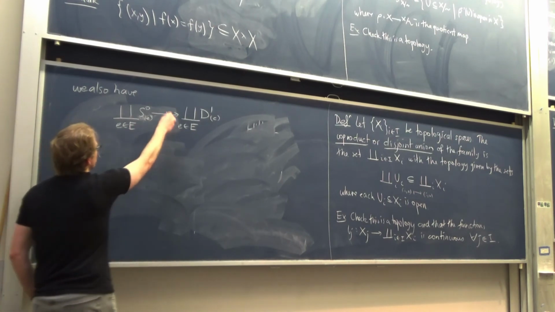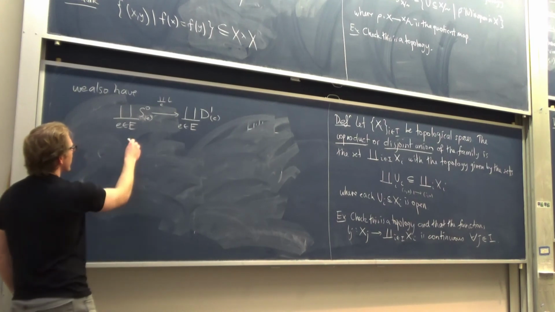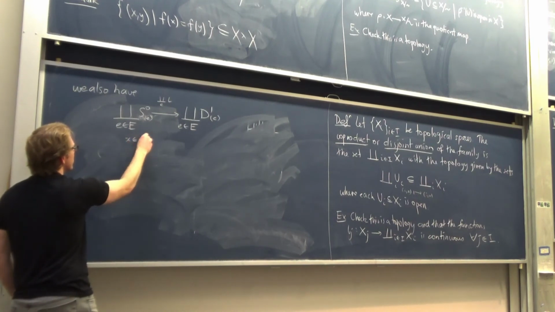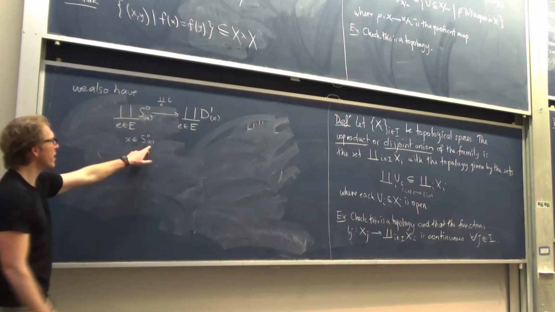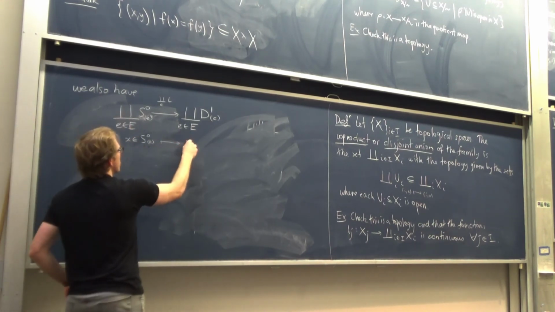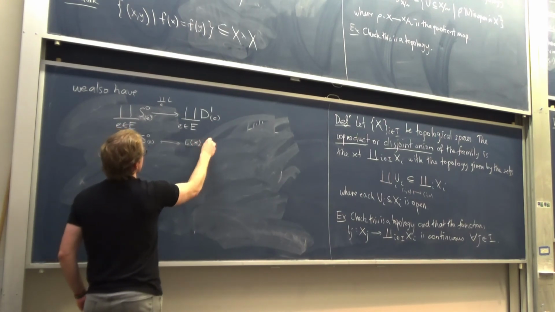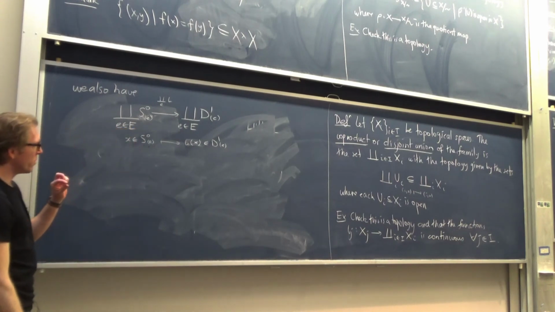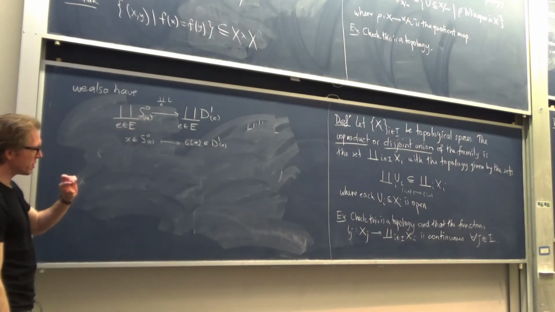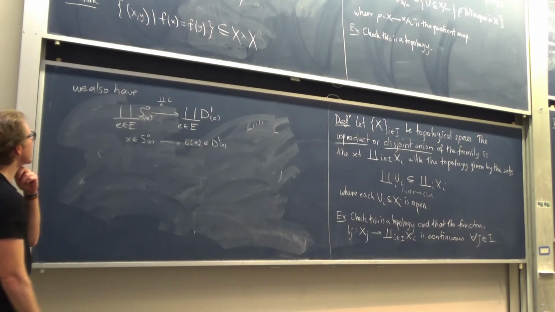And I take the disjoint union over all the inclusions. So that is to say, this just takes a point which sits in the part of this disjoint union which is indexed by E and sends it to the same point, if you like, iota of X. It just sits that point in that copy of S0 inside the corresponding copy of D1.